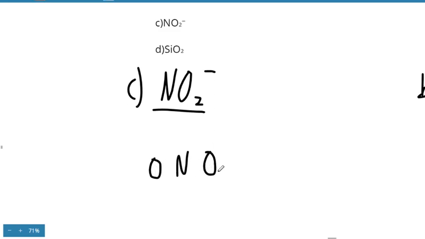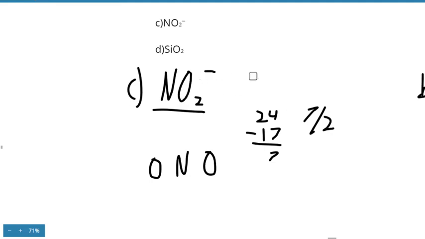So this is just 3 times 8 because there are 3 non-hydrogen elements. So that would be 24 minus the has, 6 per oxygen, and 5 for the nitrogen. That gives us 17. So that means there are 7 shared electrons, and we find the bonds. But wait, 7 divided by 2, that's 3.5. We can't have 3.5 bonds.